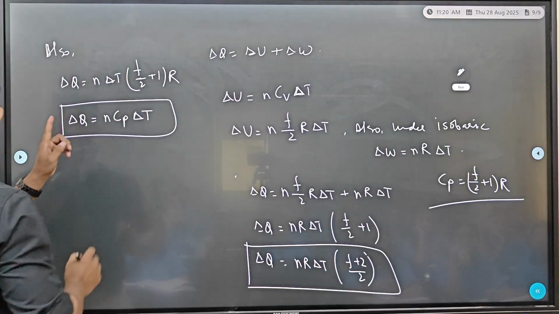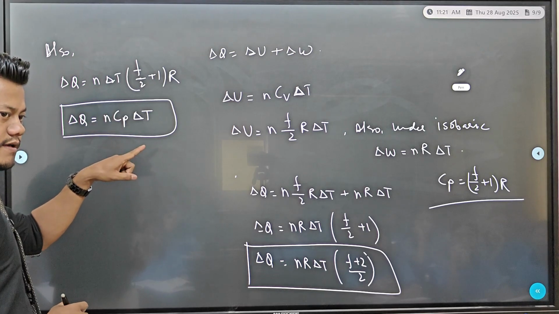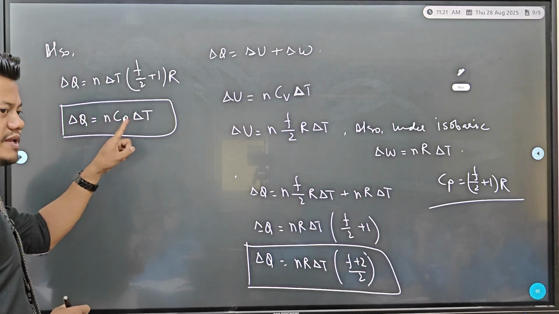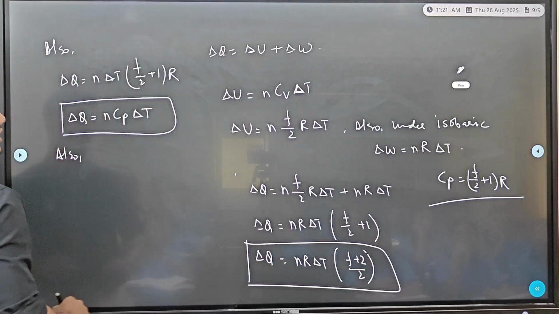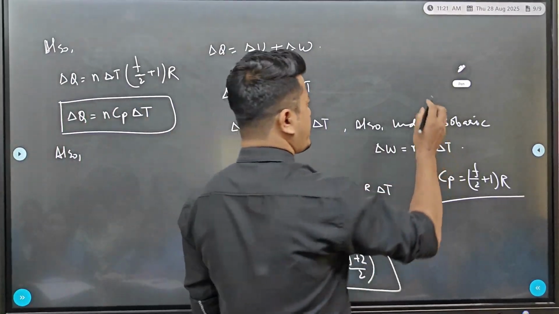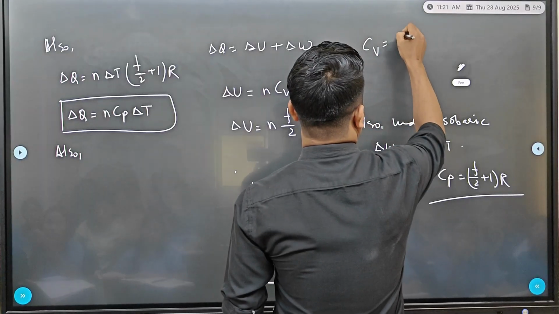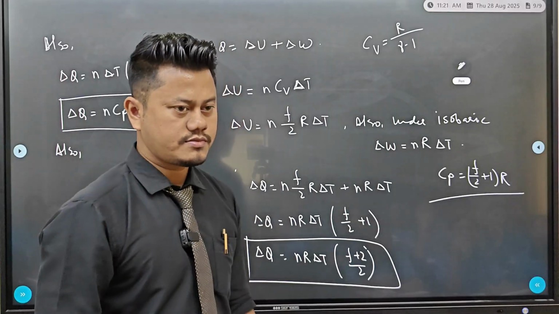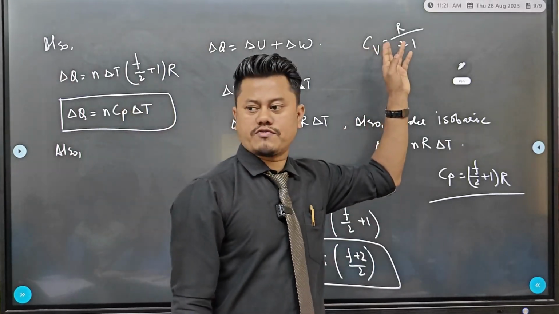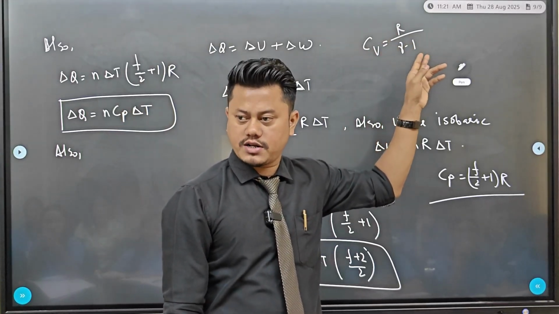Del U was n Cv del T. But del Q, the change in heat, will be n Cp del T. Please look at here also. Let me complete it. Also, I gave you one expression yesterday. Cv is R by gamma minus 1 in terms of gamma. Specific heat at constant volume is R by gamma minus 1.